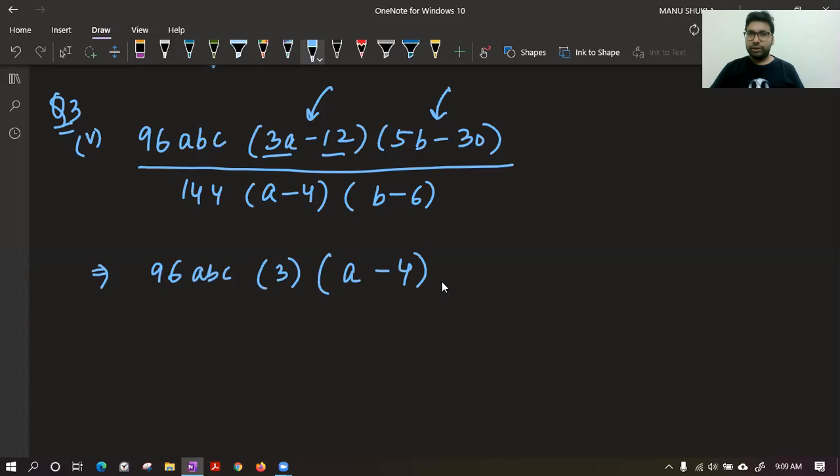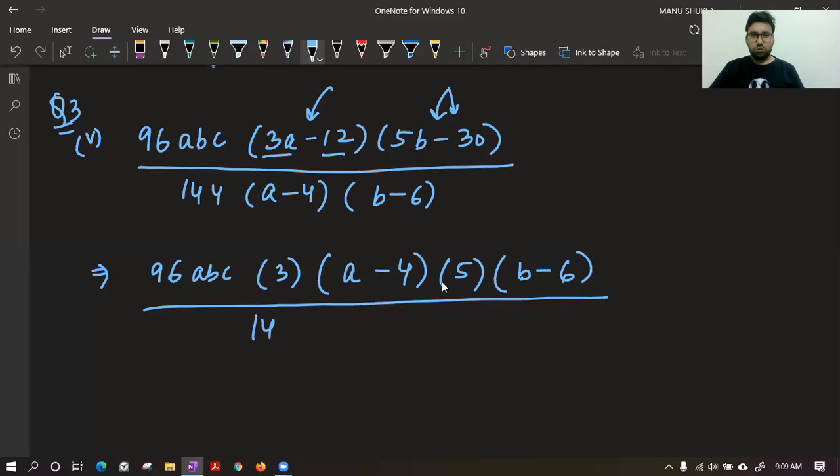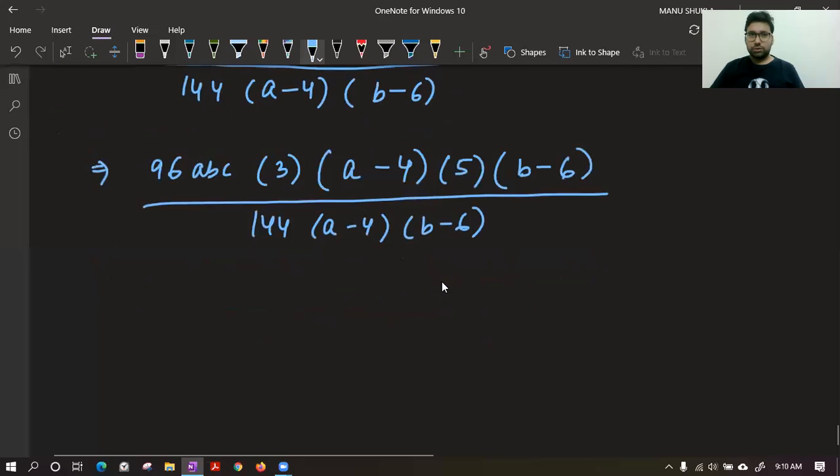Now tell me what will we take common from these two? 5b minus 30. Yes. No, Yashna, please observe what is common in 5b minus 30. 5 is common, yes. So 5 is common, and what is left inside? B minus 6 upon, we have 144, a minus 4, b minus 6.